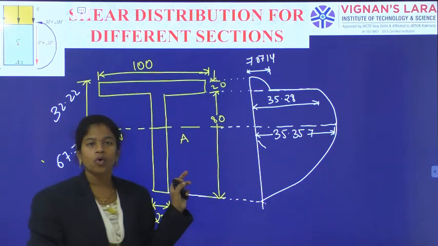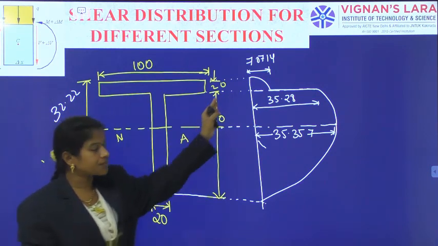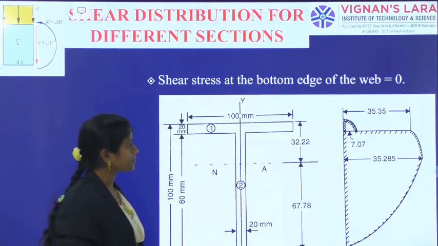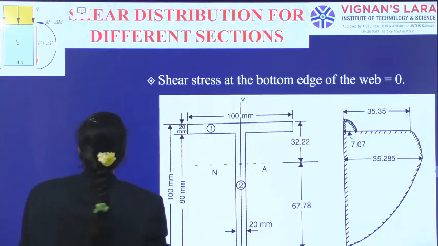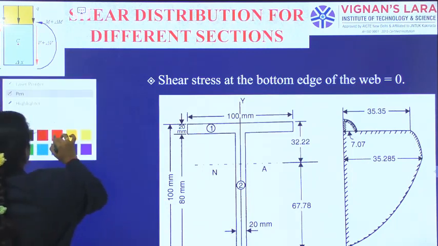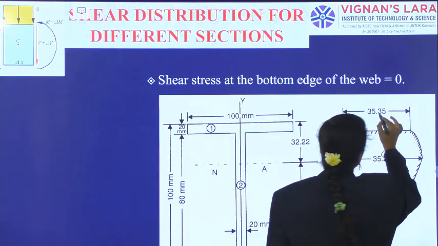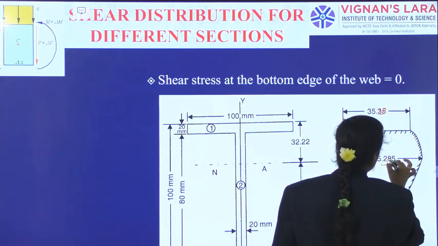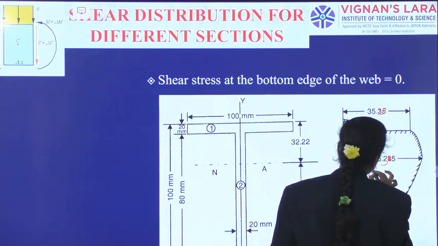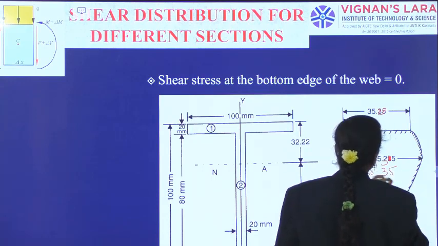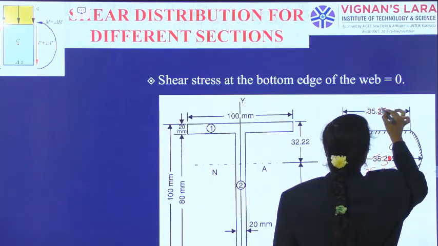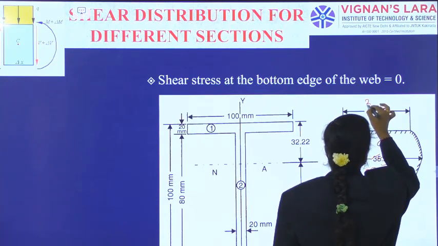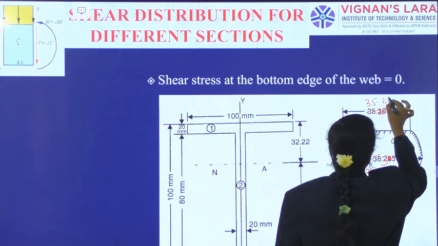So this is the overall shear stress distribution diagram for the T section. Please don't mind, this one is a mistake. This measurement is 35.28.